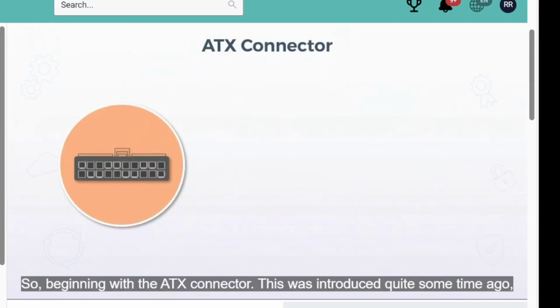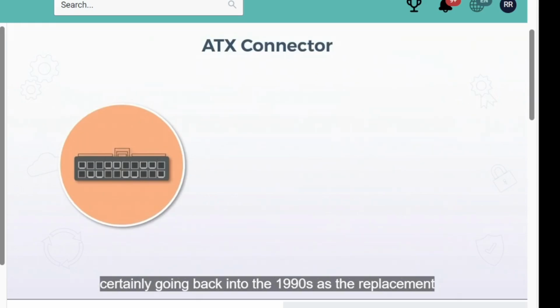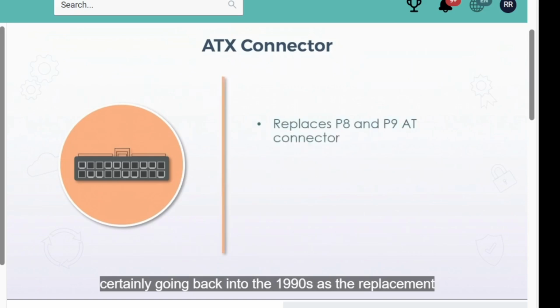So beginning with the ATX connector, this was introduced quite some time ago, certainly going back into the 1990s, as the replacement for what were referred to as the P8 and P9 AT connectors. Now these were two separate connectors that each had to be attached to the motherboard, but again they were two separate connectors.